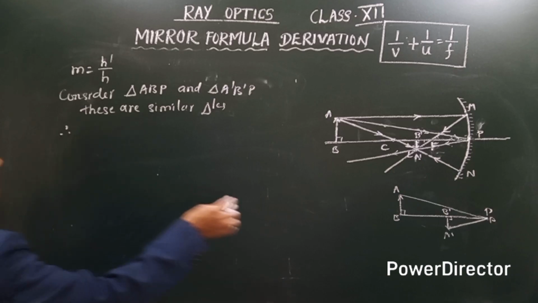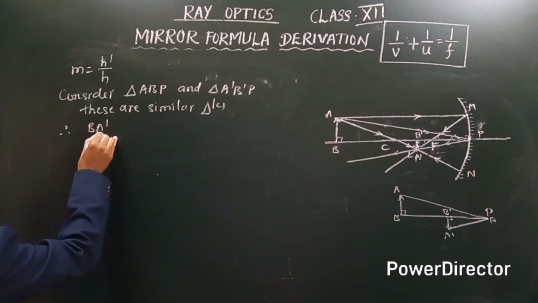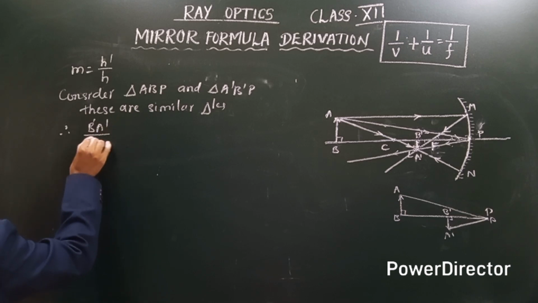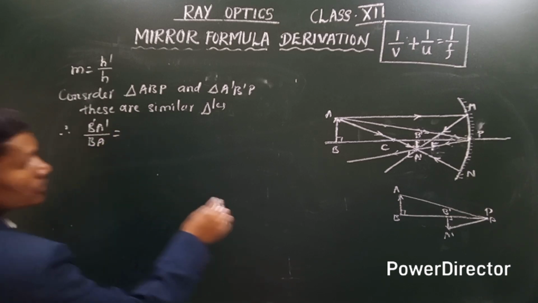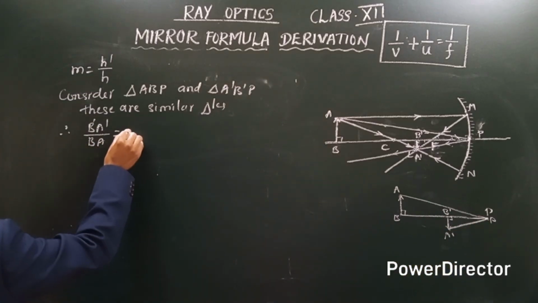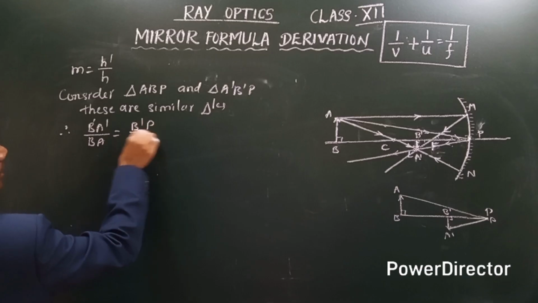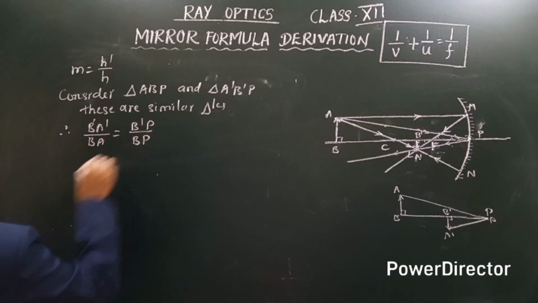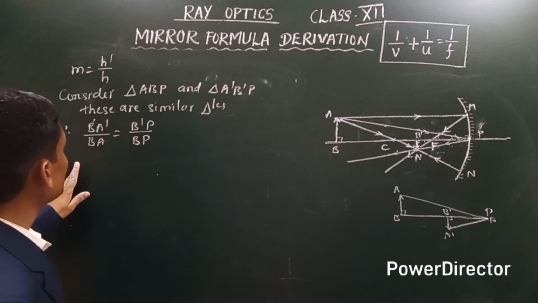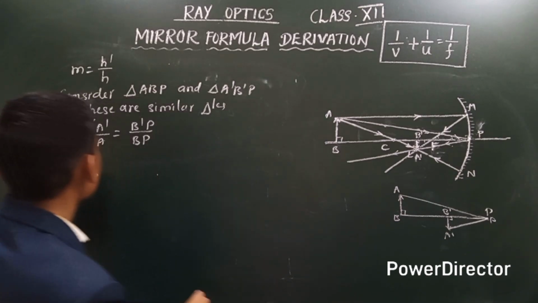Therefore, considering these heights, B dash A dash upon BA is equal to B dash P upon BP. We can express it like this. Now substitute what B dash A dash and BA are.